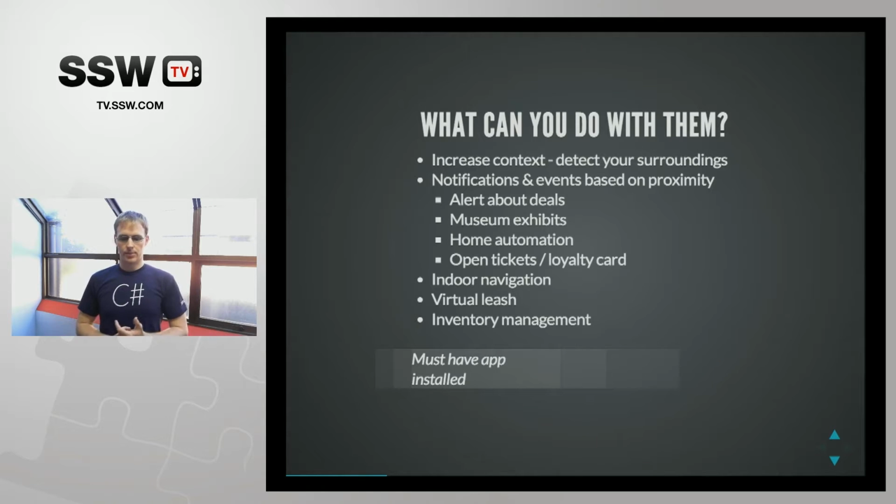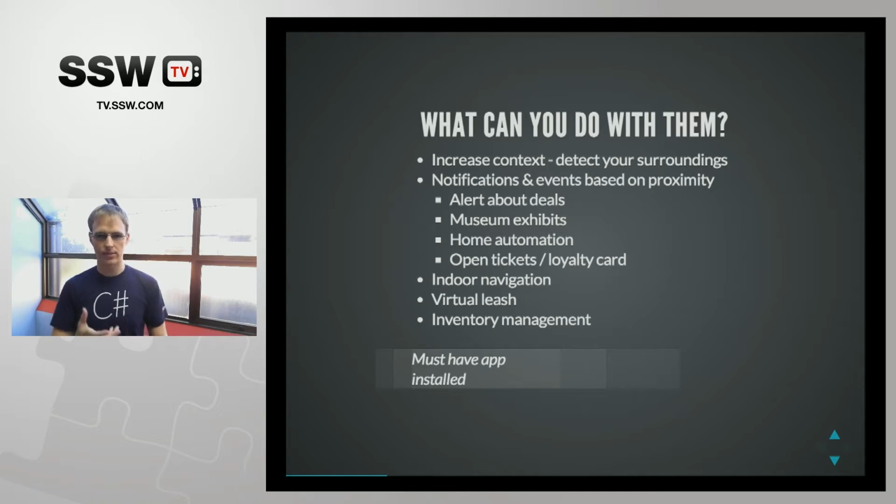So what can you do with them? Some of the things that people are working on are mainly around context awareness. So we've always been able to detect GPS signals, work out your location based on Wi-Fi positioning, and that gives you a bit of context in your app. You know where in the world you are approximately. Time is another bit of context, so because you know the time zone, you know what time it is.